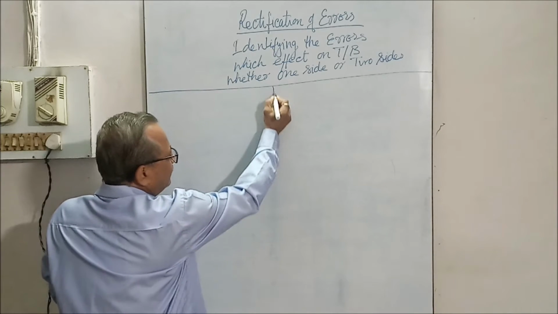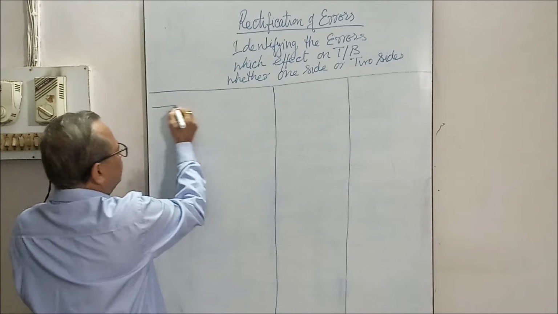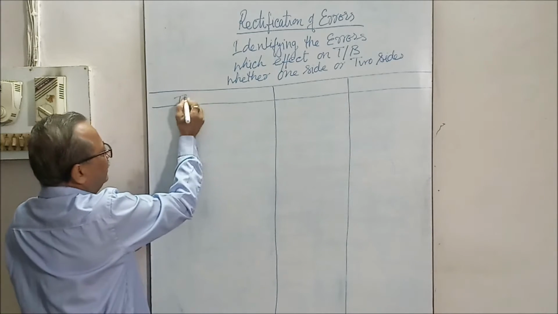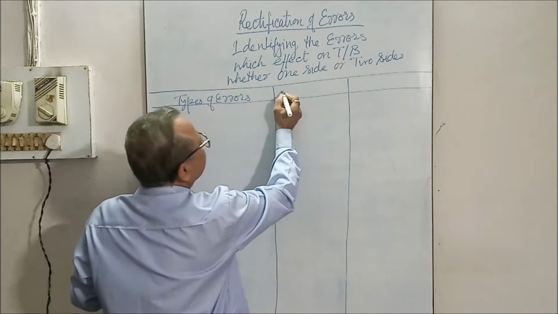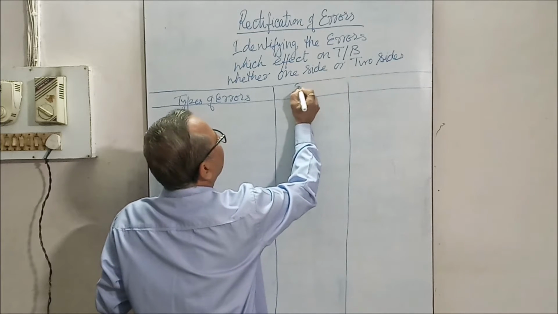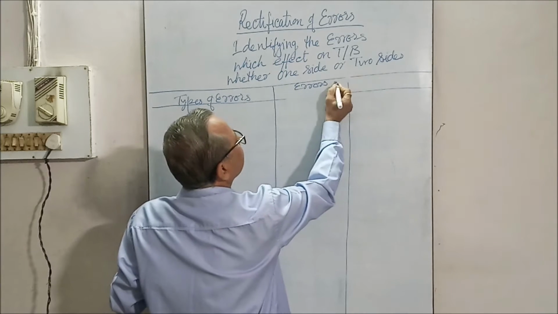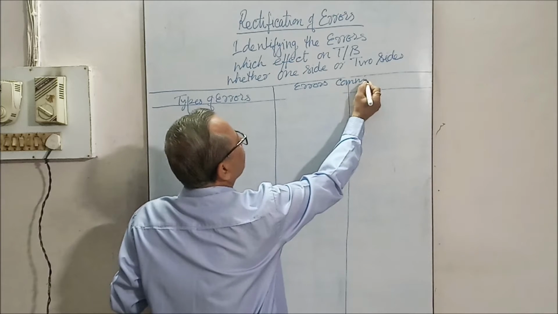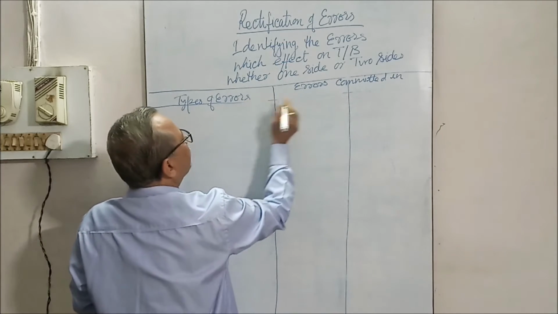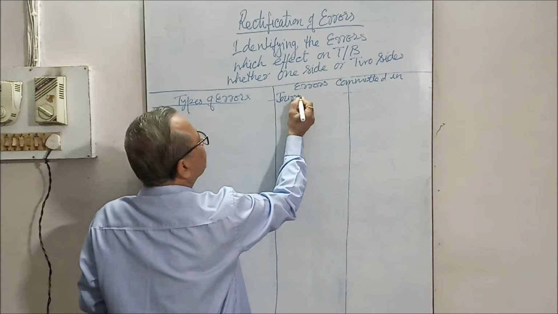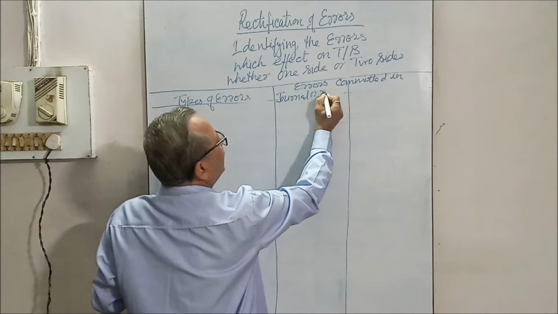So here, see it. This chart: types of errors, and errors committed in journal, or you can say in entering or recording.